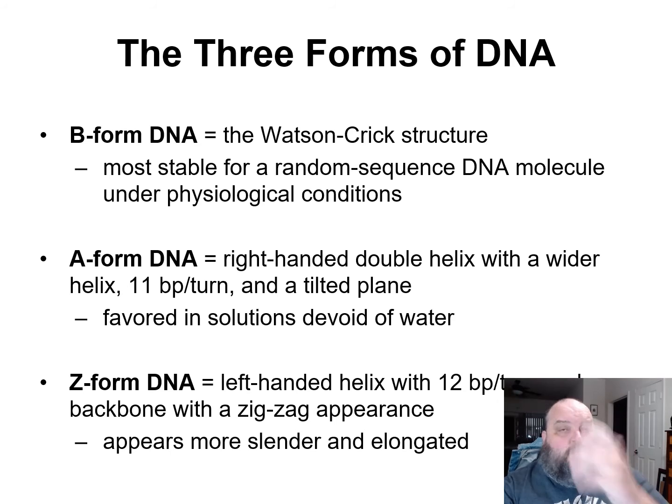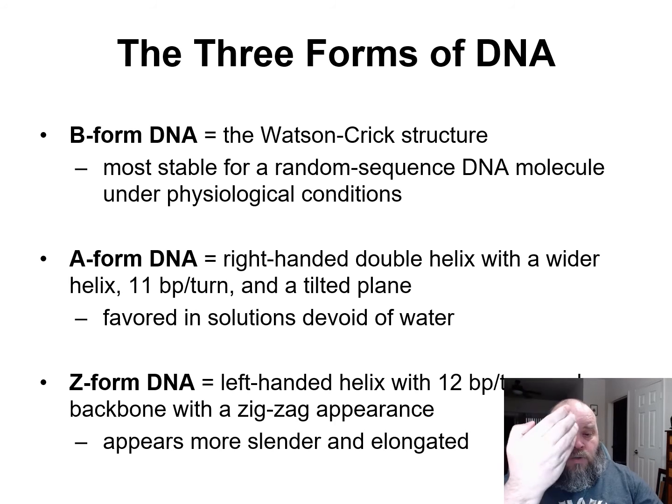A left-handed twist, which is completely backwards to the A form and the B form. We call this Z form. The A form and the B form, even though A is a little looser in its right-handed turn than the B form, it's still a nice, smooth thing.